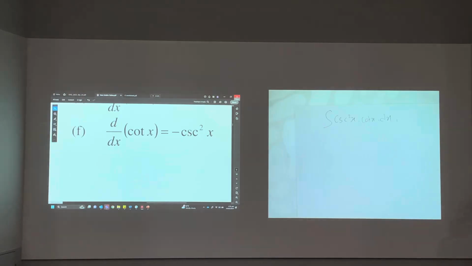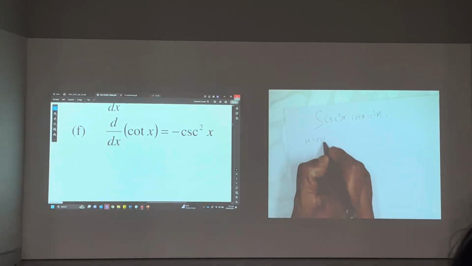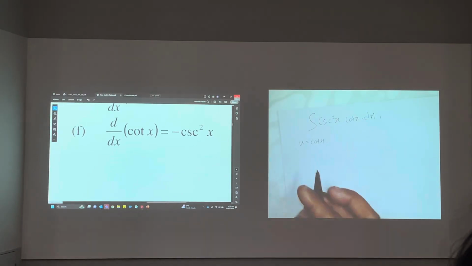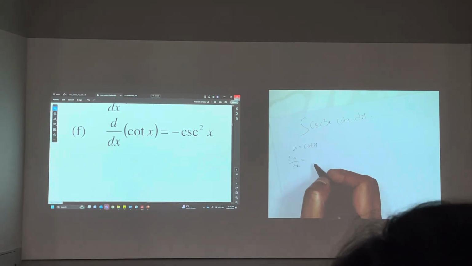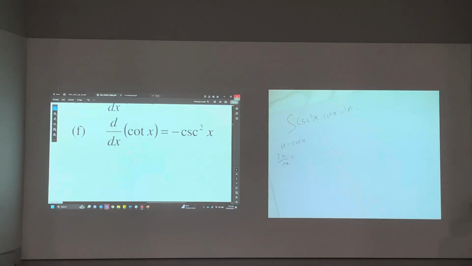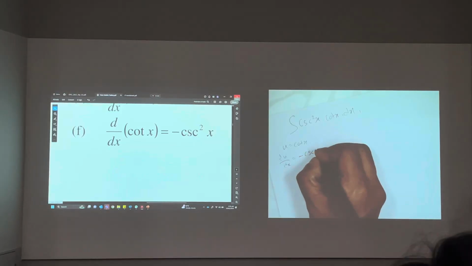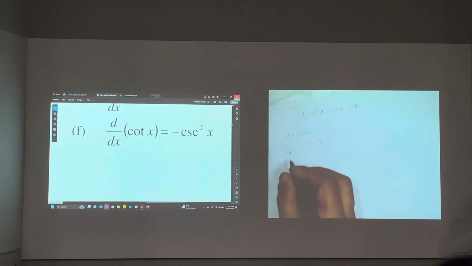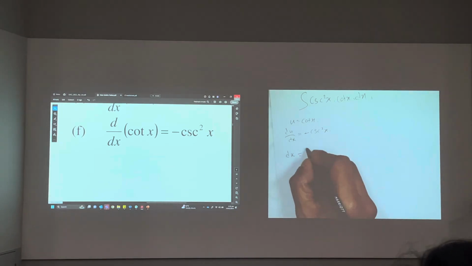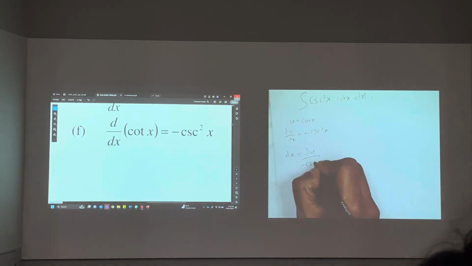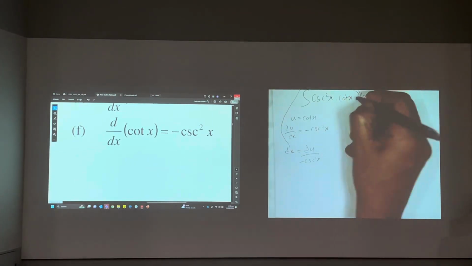So what are the rules of substitution? You make u as cot x. So du over dx is minus cosecant square x. What is the next step? You make dx the subject: dx equals du over minus cosecant square x. Now substitute this back to here.